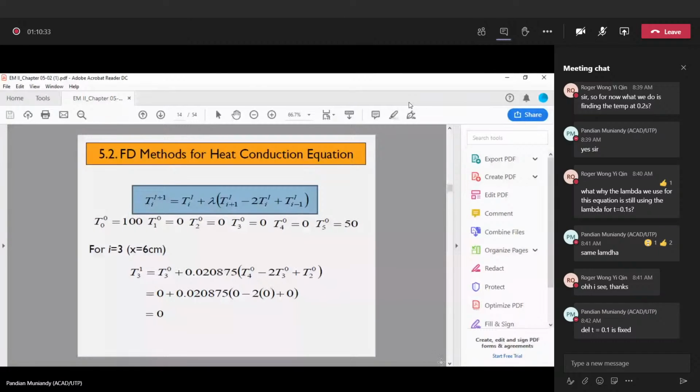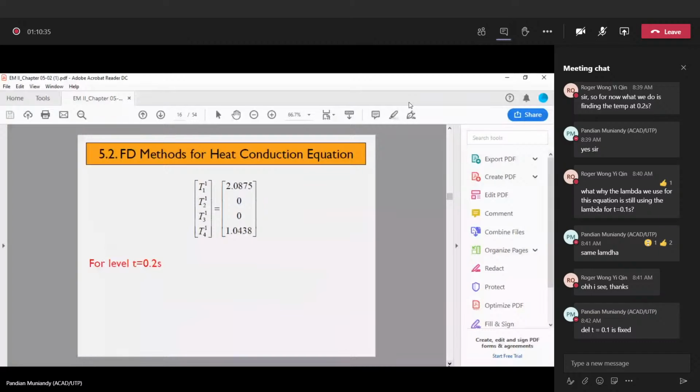So you go back to this matrix, you substitute T31, T130 plus 0.020875. Practice, yeah?